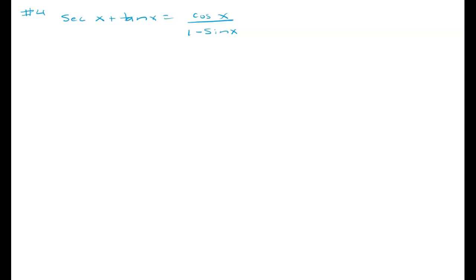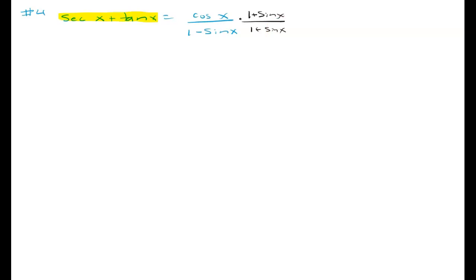Okay, so if you're coming back from the pause video, what I ended up doing is keeping the left-hand side alone. So I manipulated the right-hand side, kind of like the last problem. I first multiplied the top and bottom by 1 plus sine squared of x.